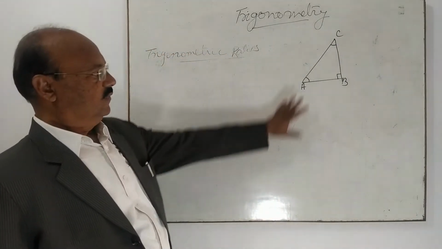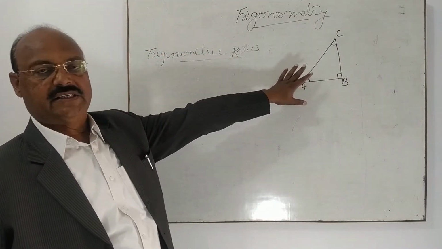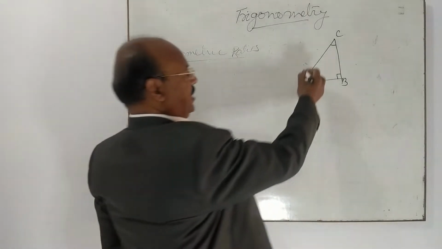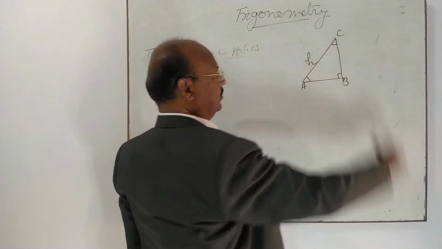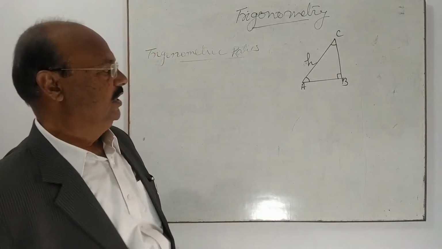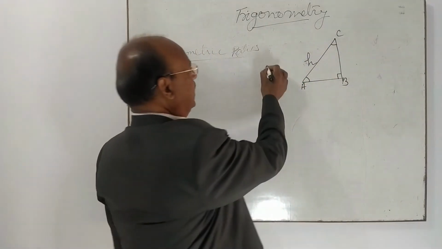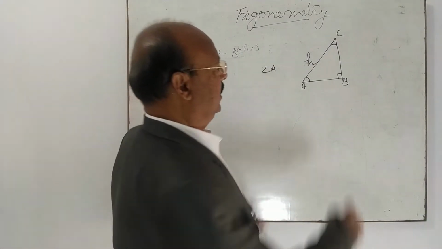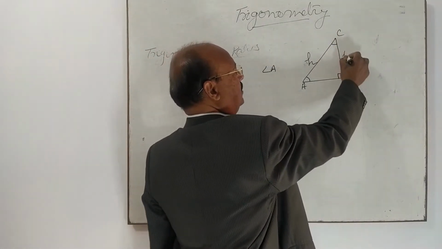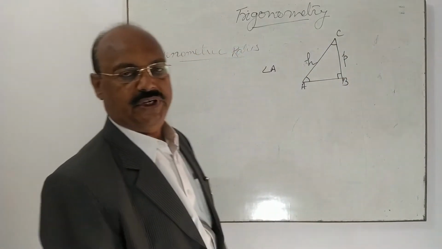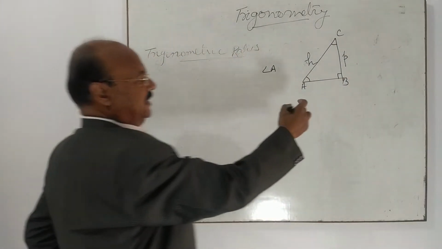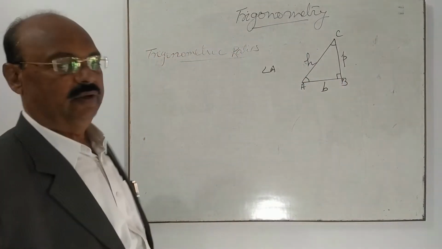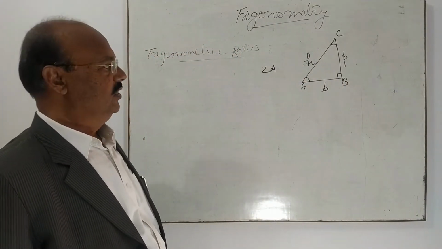So you know there are three sides of this triangle. This is hypotenuse. Generally we denote it by small h. And with respect to this angle A, the opposite side is perpendicular, denote it with P, and another side AB is base. We denote it by B, base.